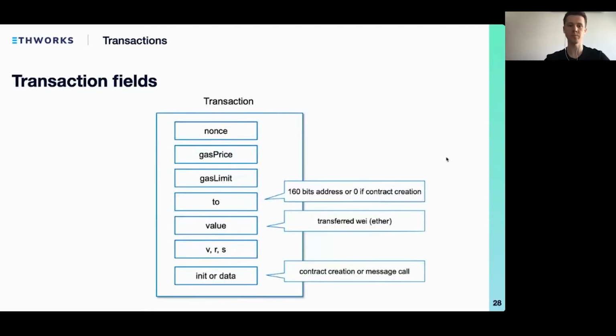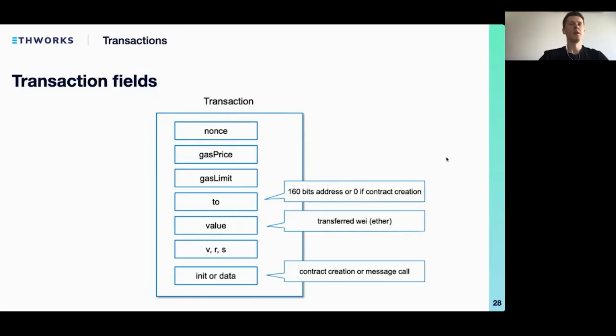Now let's talk about transaction fields. At least a couple of these fields you need to know, because you specify them when you send any transaction, for instance using MetaMask, which I will talk about more later.